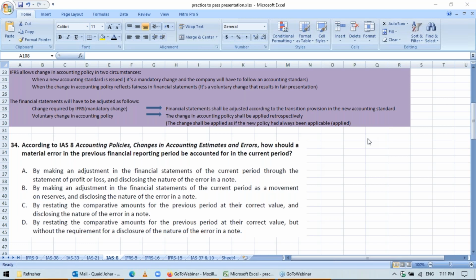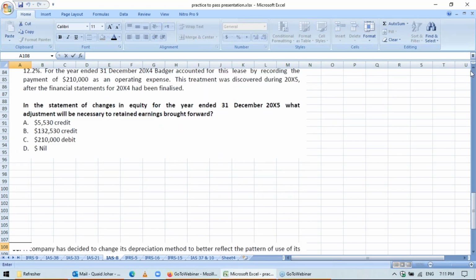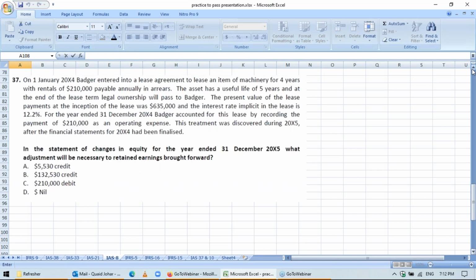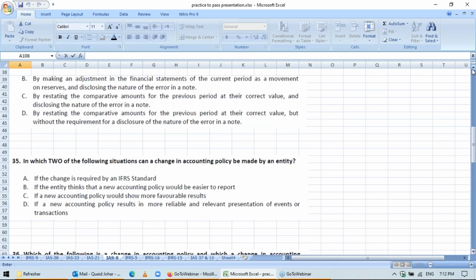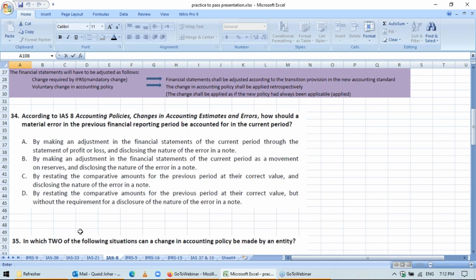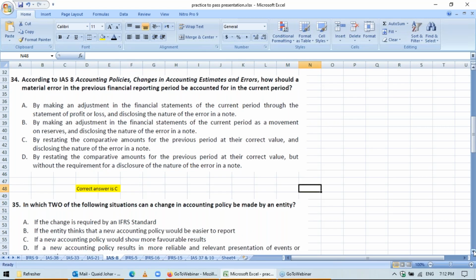Okay, students, the correct answer to this question number 34 is C. So as I said earlier, the prior period errors will have to be corrected in prior years.